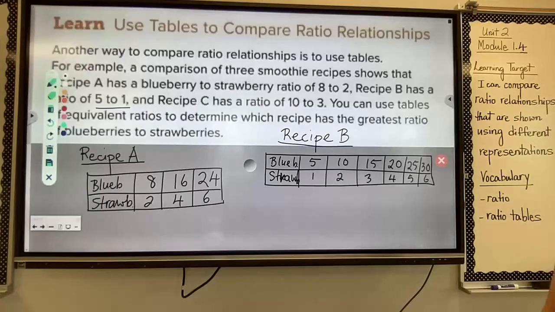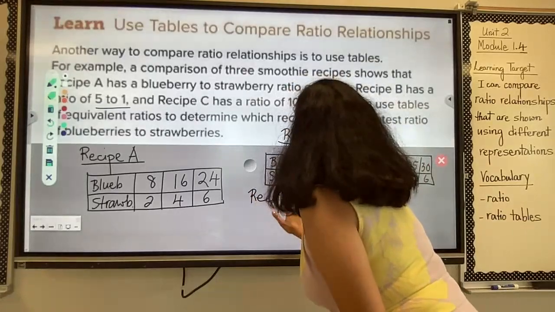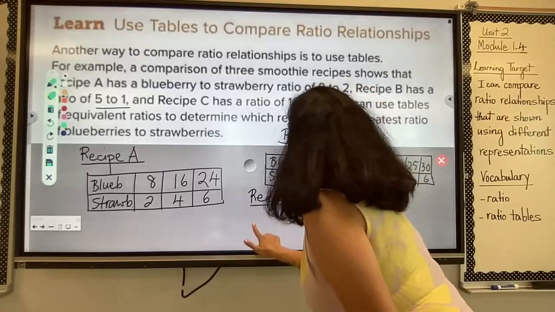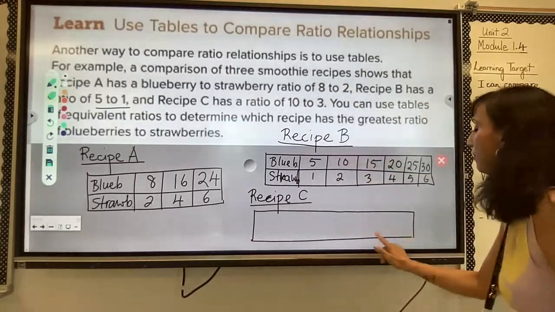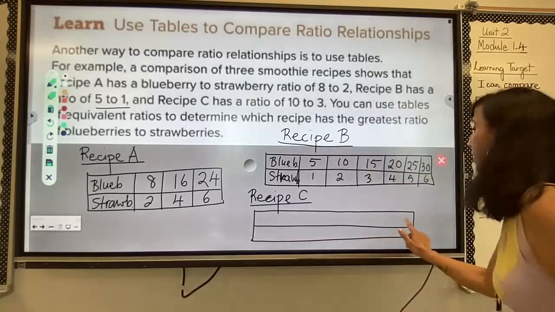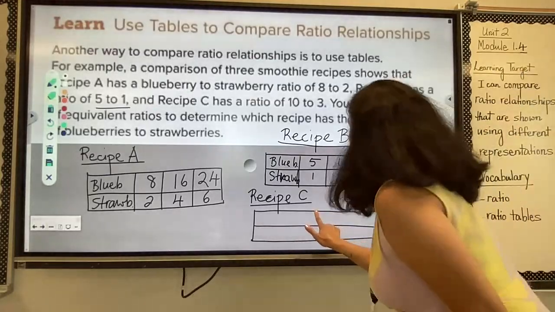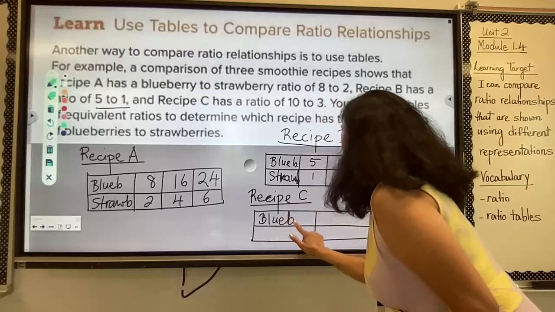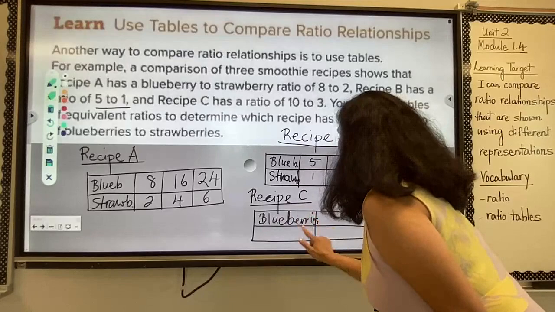Okay, and then for recipe C, same thing. I'm going to make another table. Of course, I have my blueberries and strawberries.